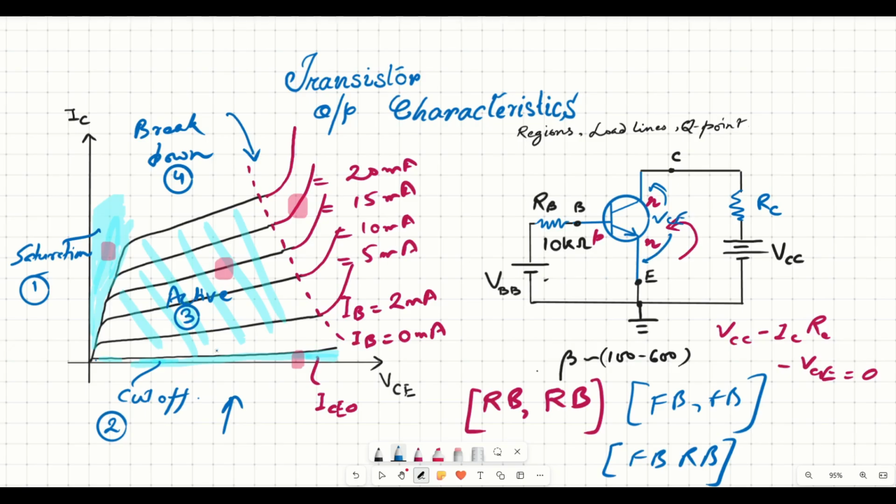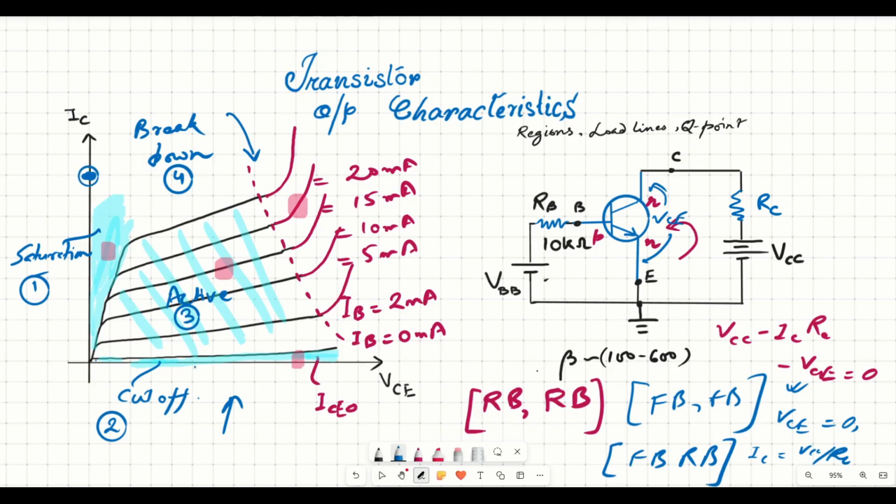In order to determine the load line, what do we have to consider? First thing is we consider IC is 0... Correction: first we consider VCE is 0. Then using this equation, we have the value of IC as VCC by RC. So that means a point somewhere around here where VCE, the x-axis, is 0 and IC is given by VCC by RC, which represents this point.